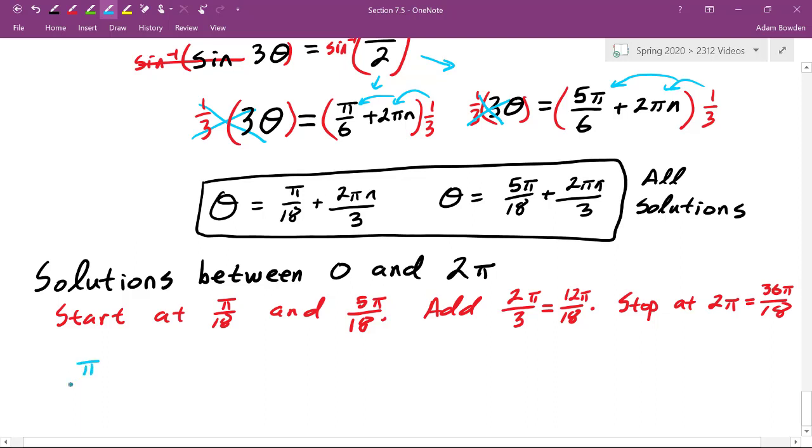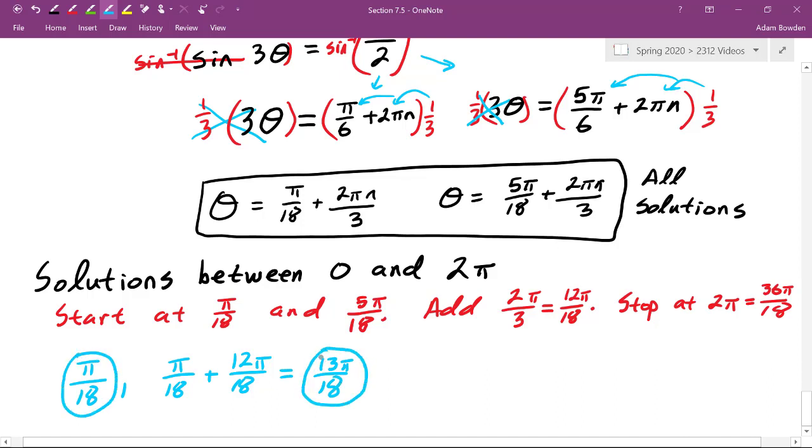So we're going to start with pi over 18. Then we'll add another 12 pi over 18. That's going to equal 13 pi over 18. So there's one solution and there's another solution. We'll keep adding the 12 pi over 18.